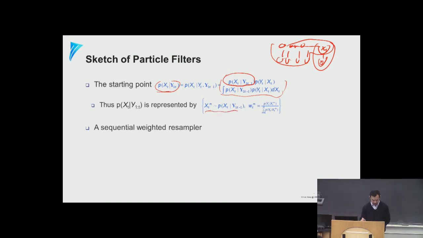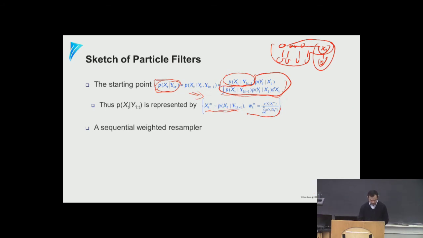I can draw samples from here. Once I have samples from here, then let's look at this part. This part now is expressed as weighted samples, right? So this distribution can be expressed as reweighted samples from a proposal distribution of this.